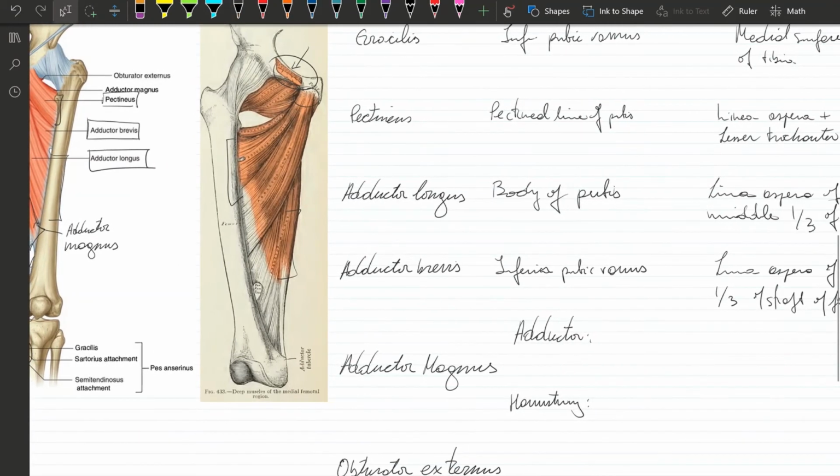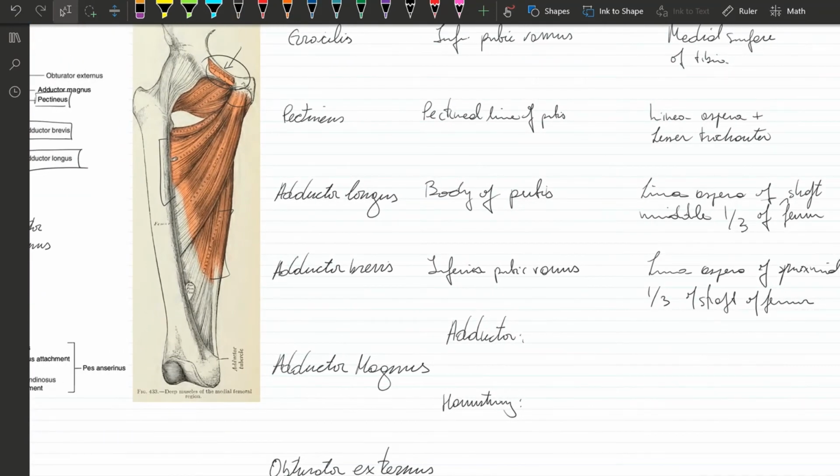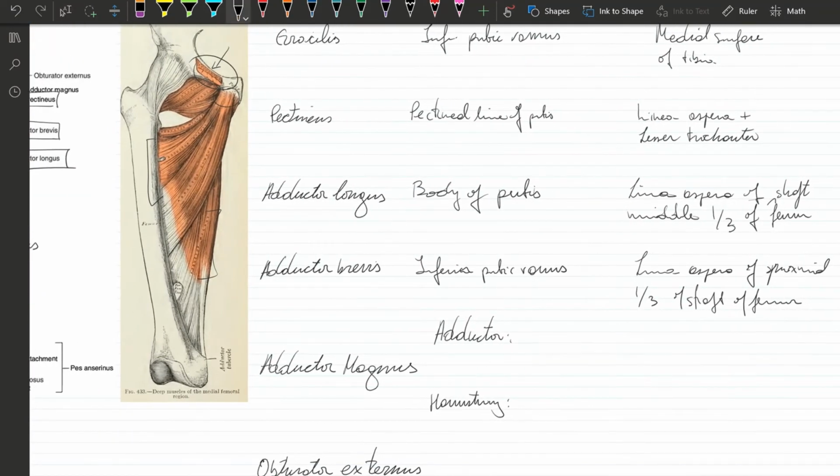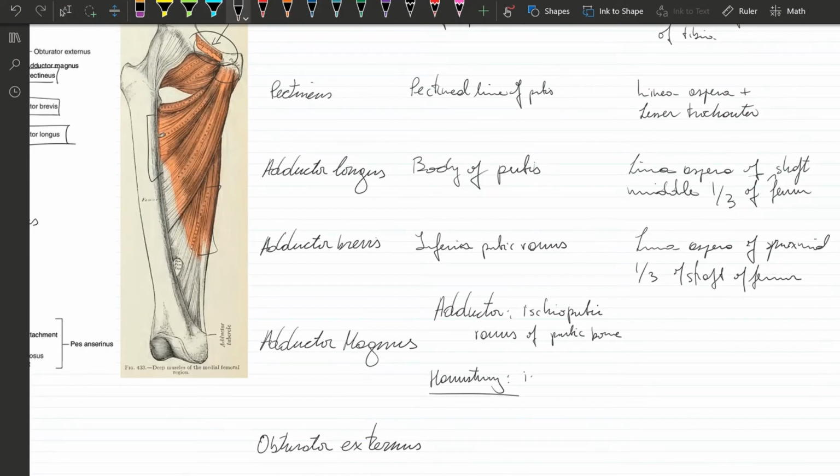The origin of the adductor portion is going to be located at the ischiopubic ramus of the pubis, or pubic bone. The hamstring portion is going to have the ischial tuberosity.